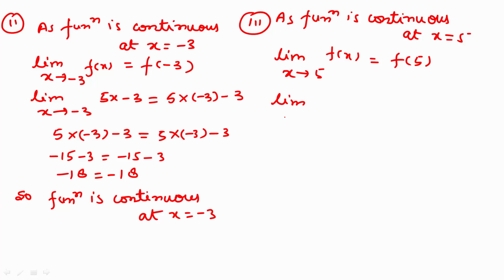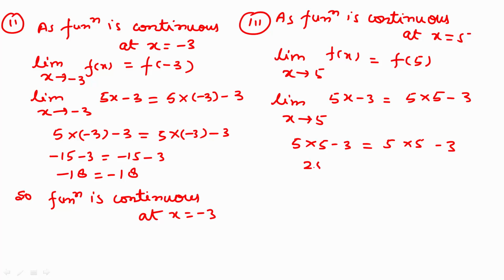We will take the same function from this point. 5x minus 3 is equal to 5 into, take the value of x in given function, 5 into 5 minus 3. On taking limit, 5 into 5 minus 3 is equal to 5 into 5 minus 3.